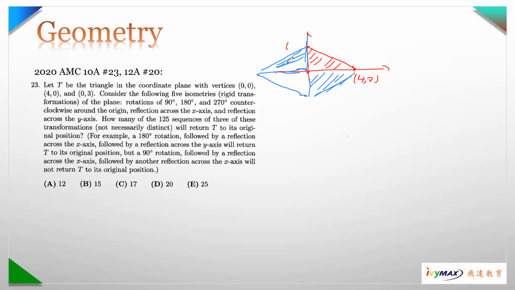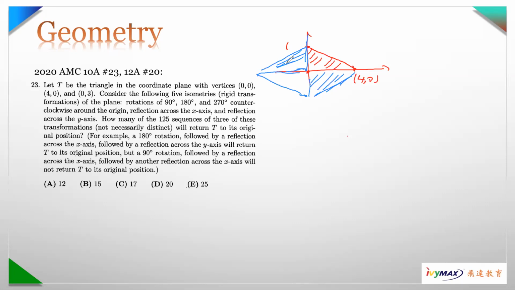Well, they are not necessarily distinct. You can do a 90-degree rotation once, repeat it once, and repeat it a third time. You can do that. And after some of these transformations, the triangle will return to the original position.